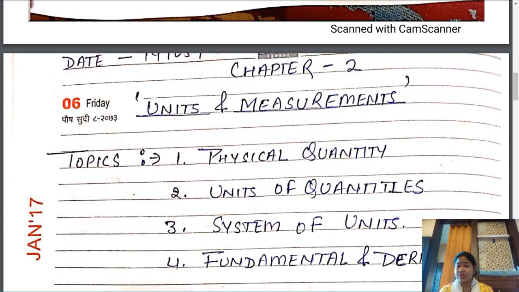Without measurement, our day-to-day life is not easy. A standard measurement tells us about things in a standard way. So that is the need of measurement in our day-to-day life.